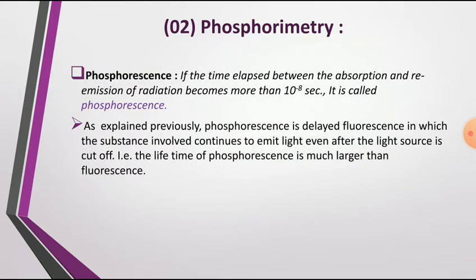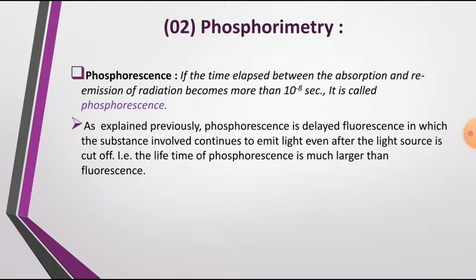And as explained previously, phosphorescence is delayed fluorescence. That means fluorescence requires less time as compared to phosphorescence, in which the substance involved continues to emit light even after the light source is cut off.